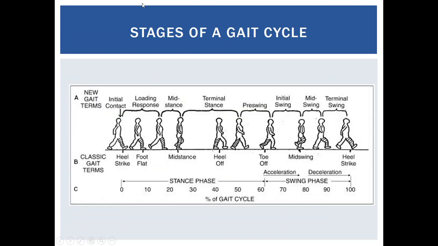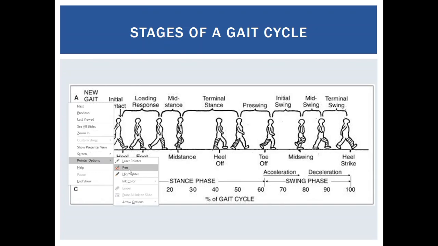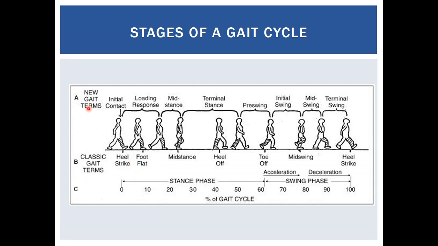So there are various stages of gait. Let us just take a pointer out. Yeah. So there are the new gait terms and the classic gait terms. So the classic gait term started with a heel strike, and then the next one was foot flat. So the heel would first get planted in the ground, and then the foot gets planted firmly.